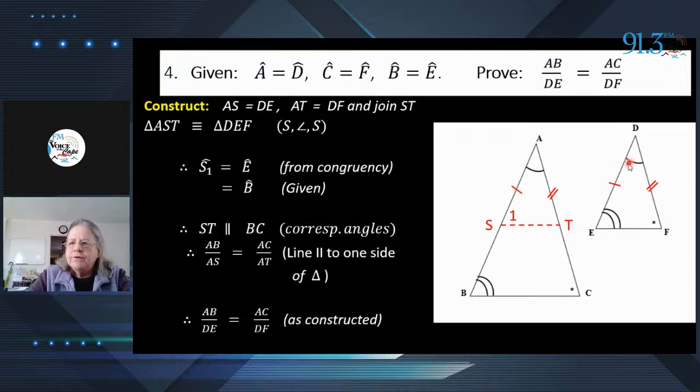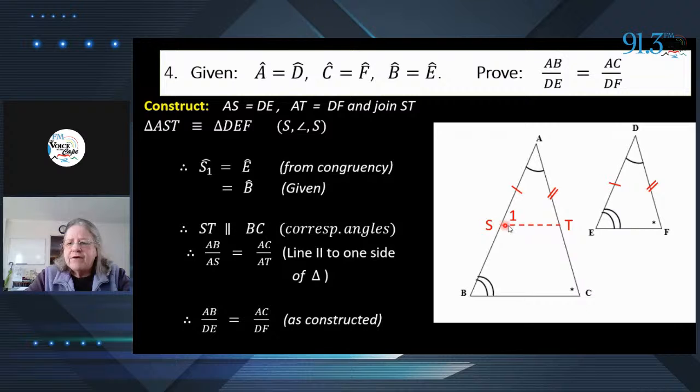Because if we move this one here, it's going to fit perfectly because of the 2 angles that are the same. So we transfer it there and we construct AS equal to DE, and we construct AT equal to DF, and we can mark it. That says the 2 sides are equal in length, and those 2 sides are equal in length.